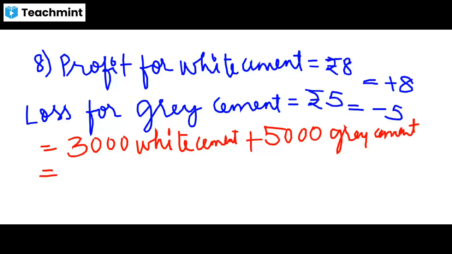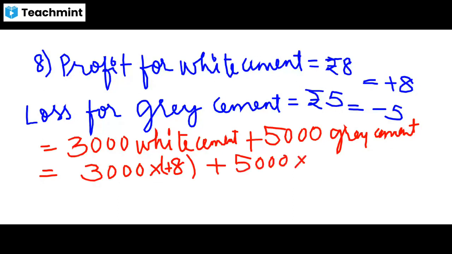Now 3,000 white cement means how you will write? 3,000 into 8, plus 5,000 grey cement, into minus 5.